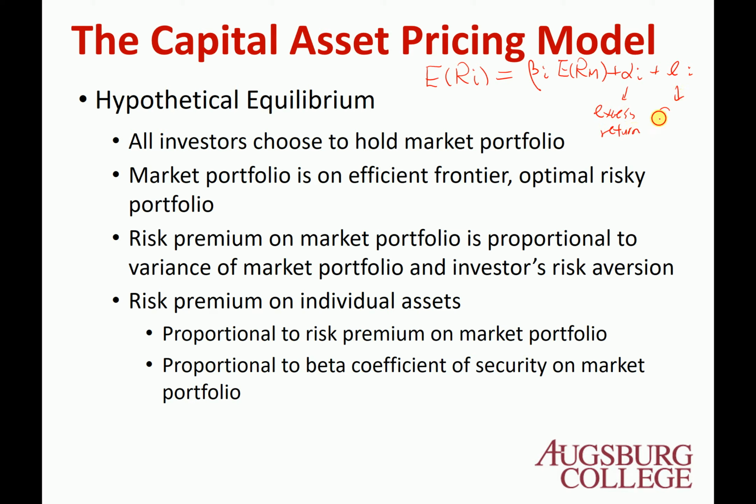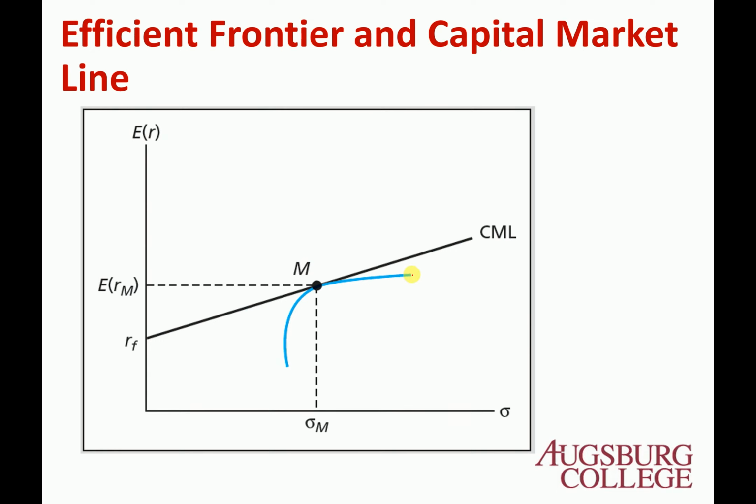This term is about the firm-specific risk. Now, suppose every investor chooses to hold the market portfolio. This market portfolio has its own efficient frontier, which is like this. So this is the market portfolio efficient frontier.